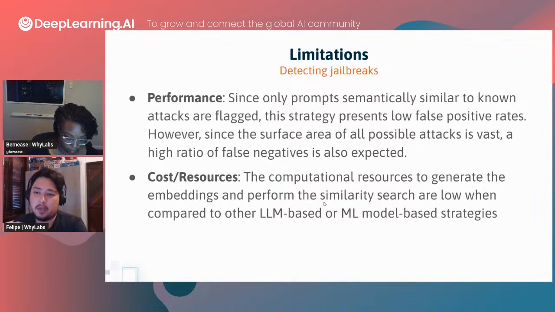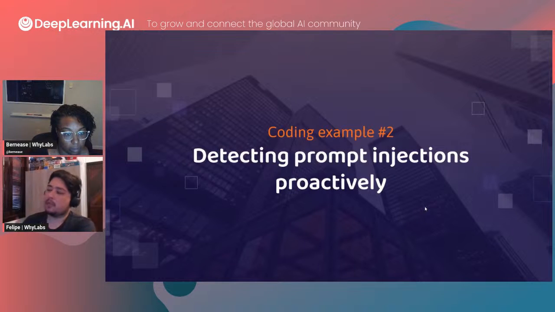So at inference time, we are only calculating the embedding for the target prompt and then performing the similarity search. So compared to other strategies, this can be considered low in terms of resource consumption. Okay, so now let's continue with the second example.